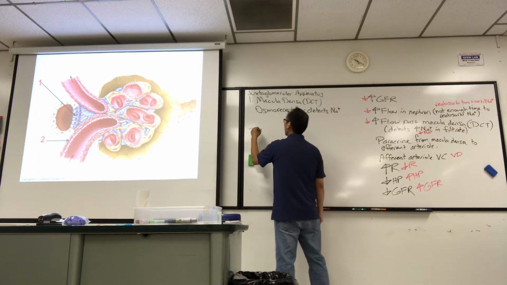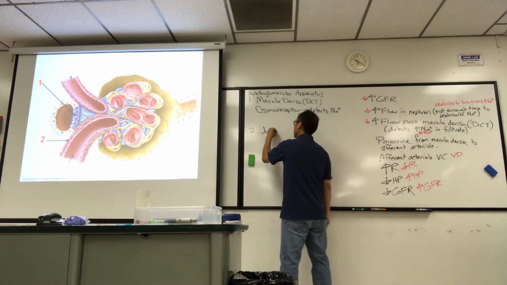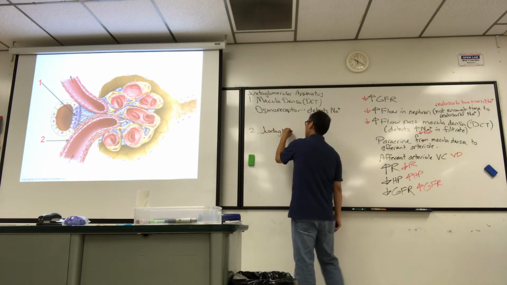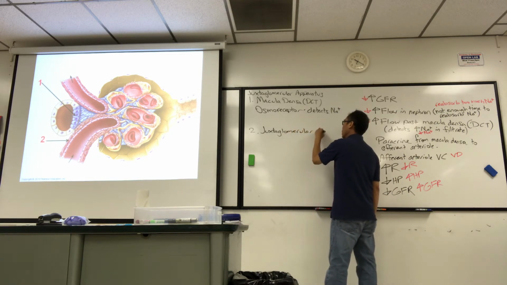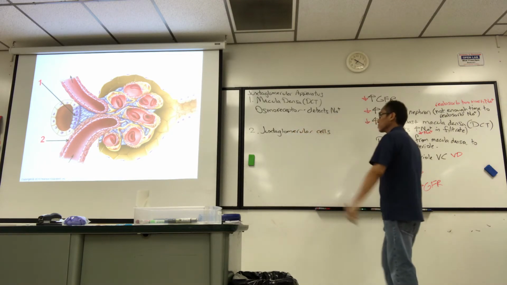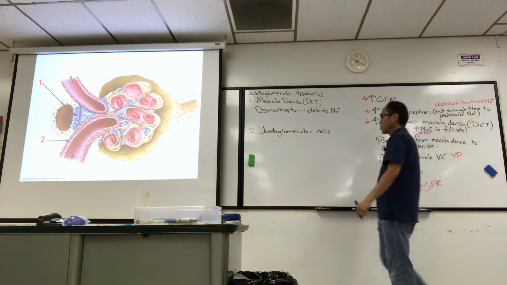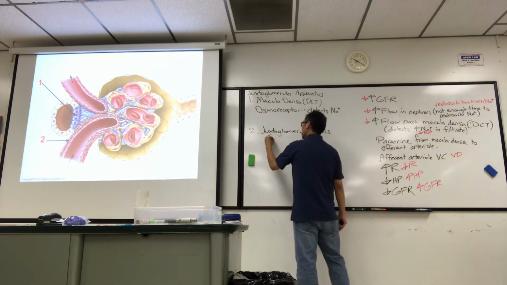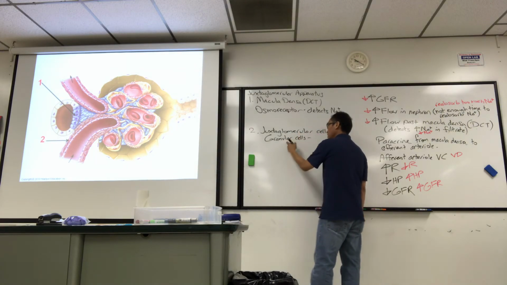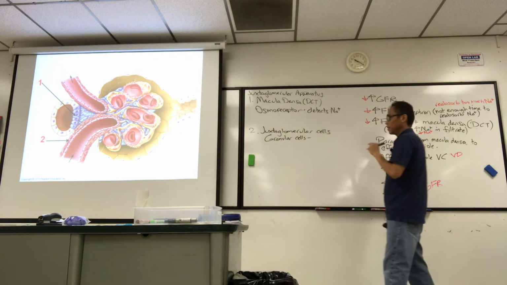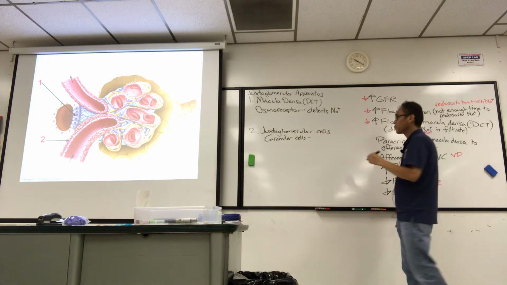Let's call them that. Juxtaglomerular cells. You may also see the term granular cells. Because the granules contain renin, these cells contain the renin.